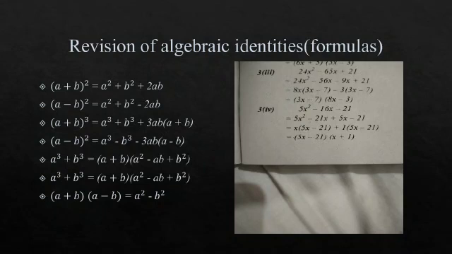So in this way you will take common 8x from 24x square minus 56x, and you will take 3 common from 9x and 21, and at the end you will get (3x minus 7) into (8x minus 3). Same is the case with the next example. The next example is 5x square minus 16x minus 21. You will multiply 21 with 5, you will get 105, and fortunately the same are the pairs.